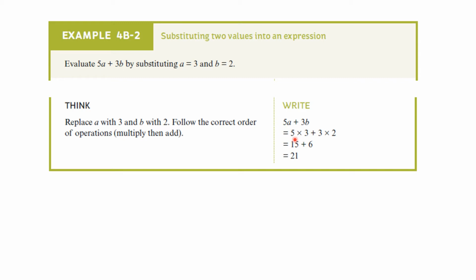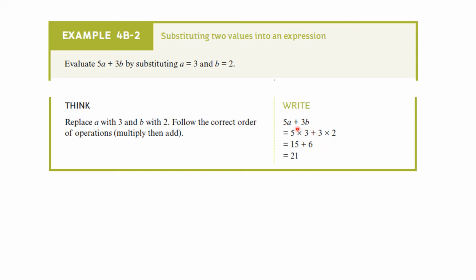So I do 5 times, a has now become 3. And I have the plus sign. I still have to make sure that that doesn't change. And I now can put in my second value. So b is now replaced with the number 2. And I have 3 times 2.